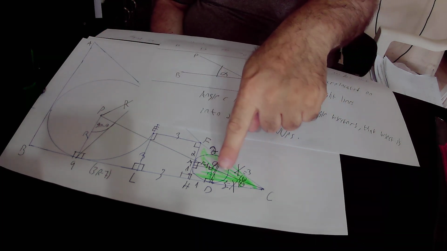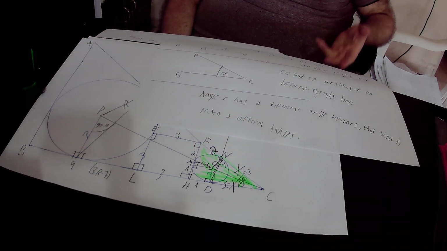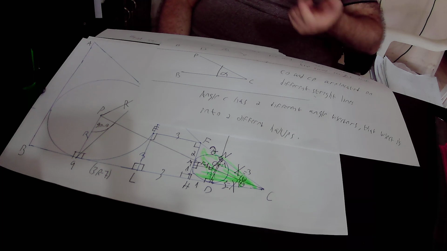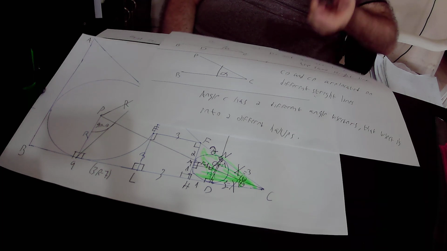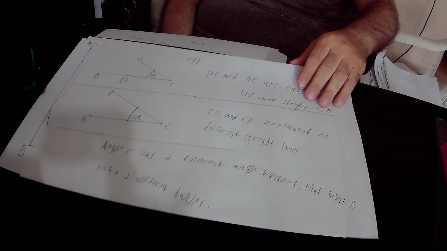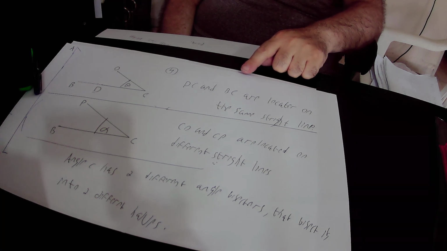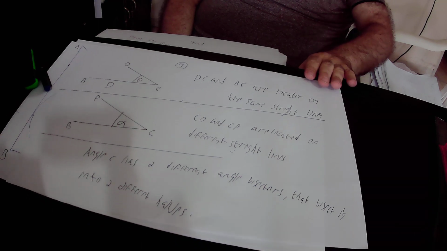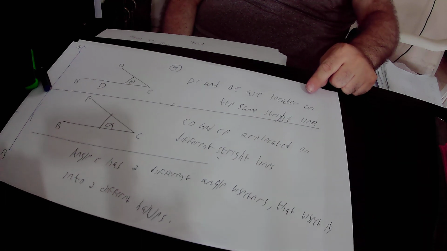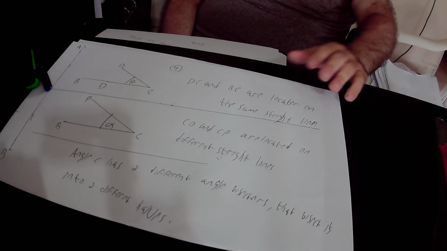If CD is part of BC, it means that CD and BC are both located on the same straight line.